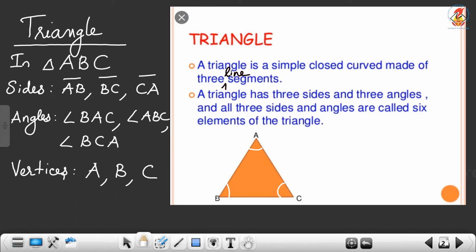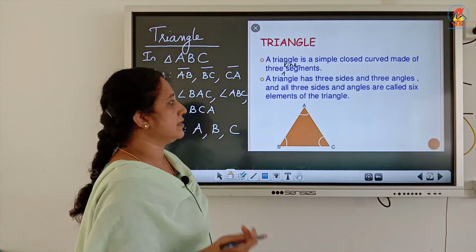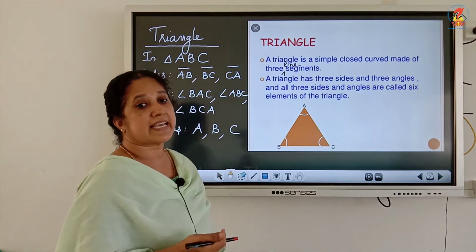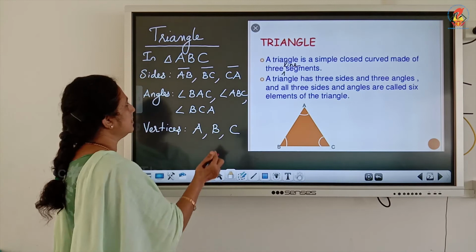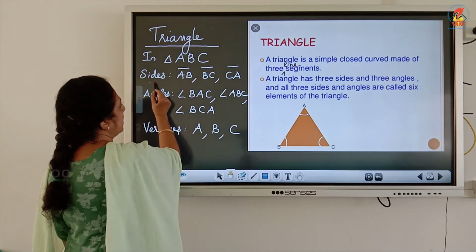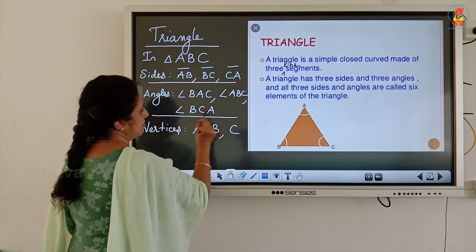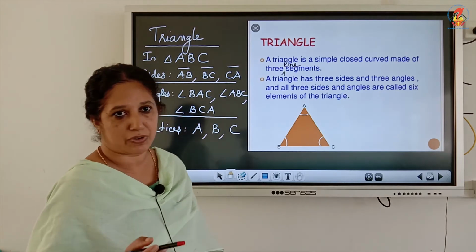So a triangle is a simple closed curve made up of 3 line segments and these 3 line segments form the sides of the given triangle. Now the triangle has 3 sides and 3 angles and all the 3 sides and 3 angles together are known as the 6 elements of a triangle. 3 plus 3 is equal to 6.